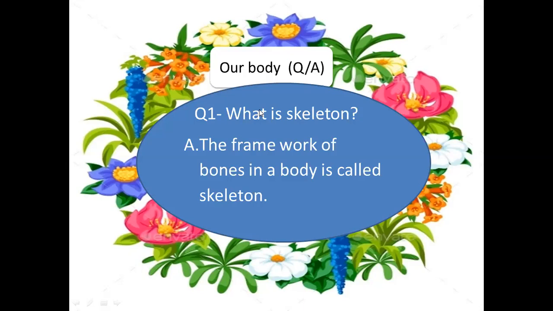The softer parts of our body are called muscles, and every bone is connected with other bones, and that connection is called a joint. We also learned how we can move, how we can walk, and how we lift things.